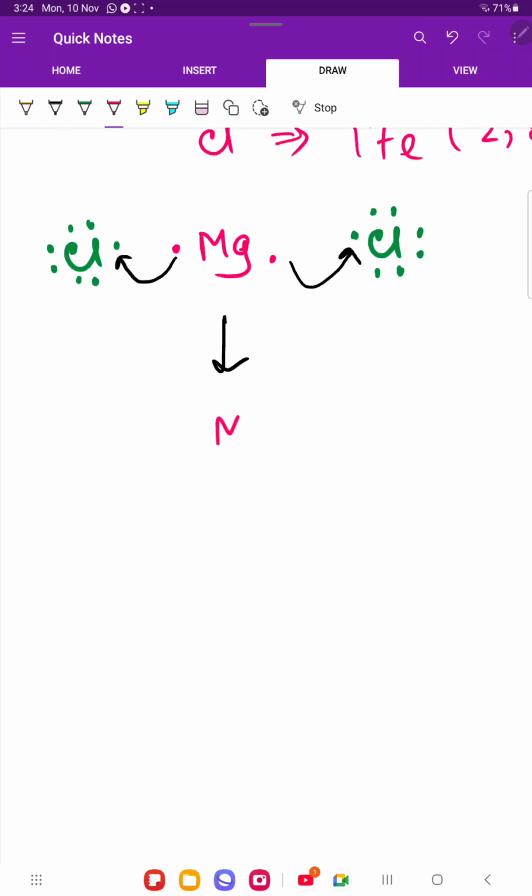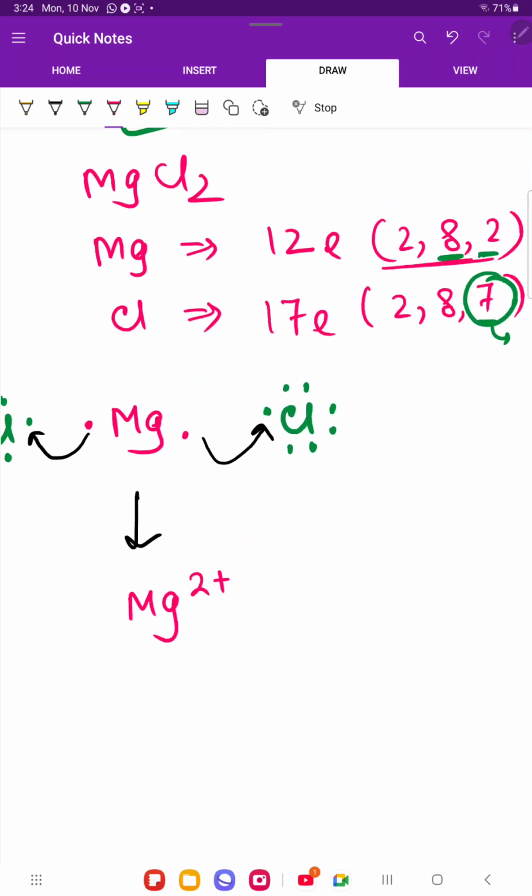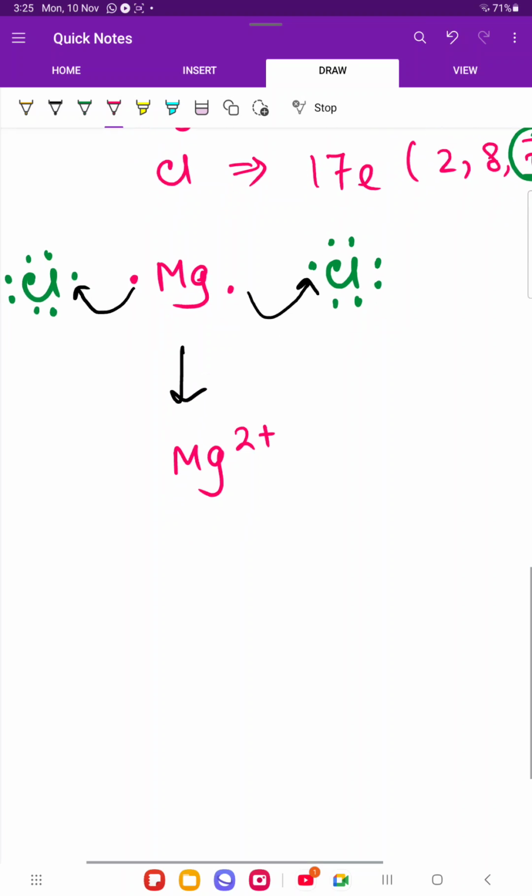Now what is the final scenario? Magnesium becomes 2 plus, because 2 electrons are donated. If magnesium donates 2 electrons, only then will it get the nearest inert gas configuration, which is neon-like. Neon has 8 electrons in its outermost orbital. So magnesium is now magnesium 2 plus.